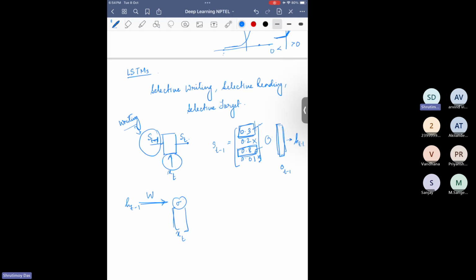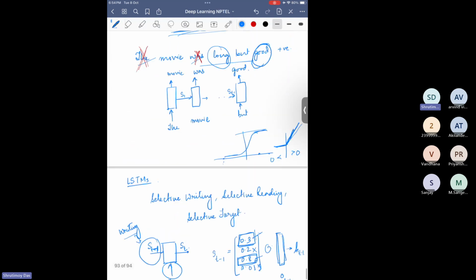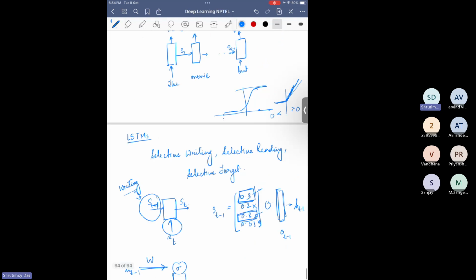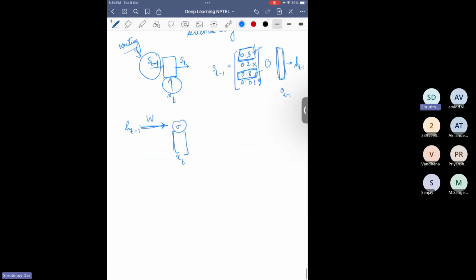So selective reading also, you will have, like, for this example, let us say I don't want to look at this da and was. So given this state, if this is, say, was, and some embedding, it will not be word actually. We'll have a sentence, maybe sentence level RNN. I'm not sure, but basically you don't want to look at all of these inputs here.